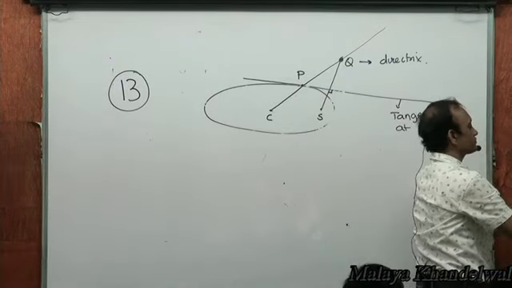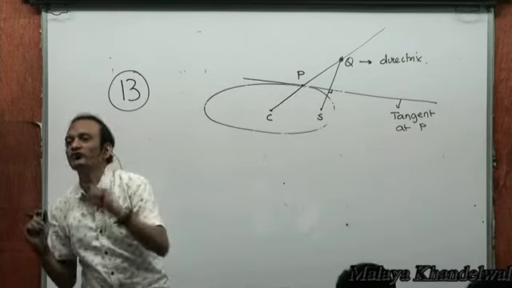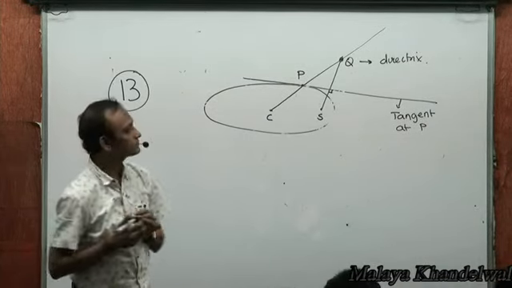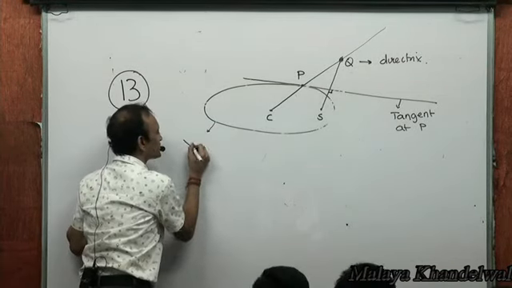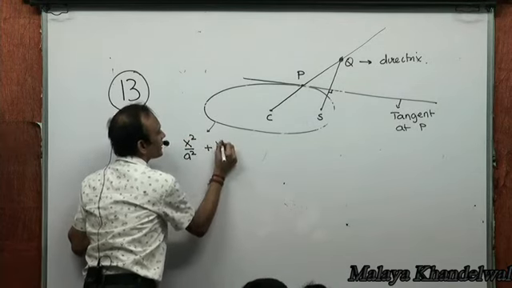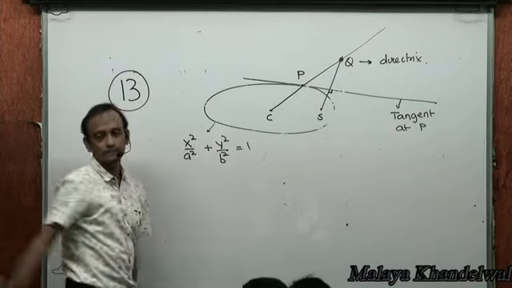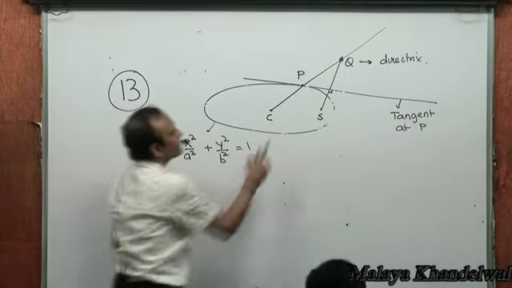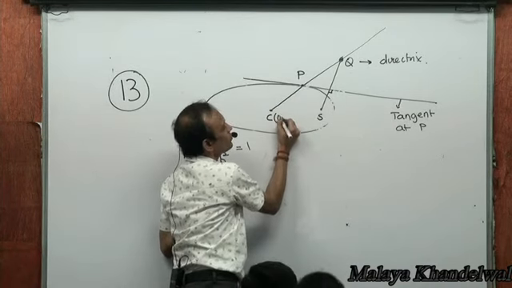In fact, what I do is a little bit of an engineering with the problem. First of all, let me refer to this ellipse as x square by a squared plus y square by b square equal to 1. Let's say this point P has eccentric angle theta. Center is 0, 0.